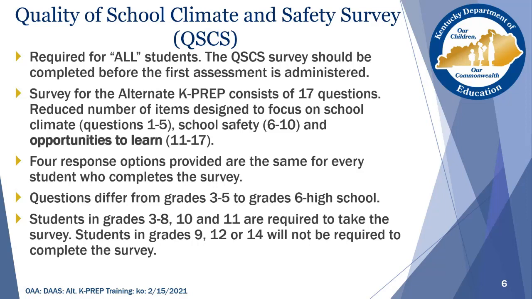The survey for alternate assessment students consists of items detailing school climate, school safety, and new this year is opportunities to learn. Now, I'm sure many of you are familiar with the school climate and the school safety surveys, but the opportunities to learn items are the types of support options or resources students have received for learning during the COVID span.